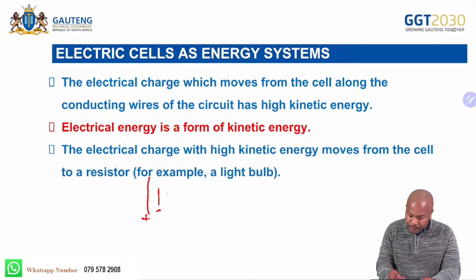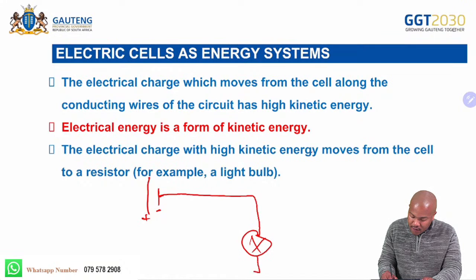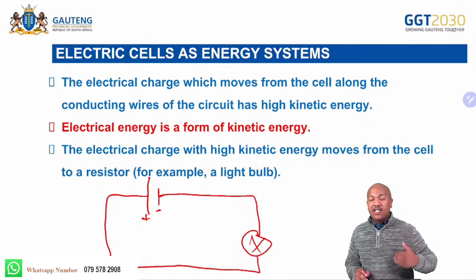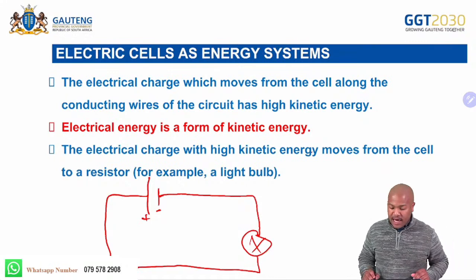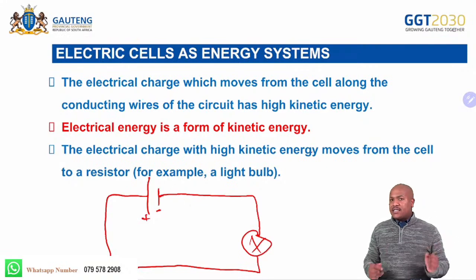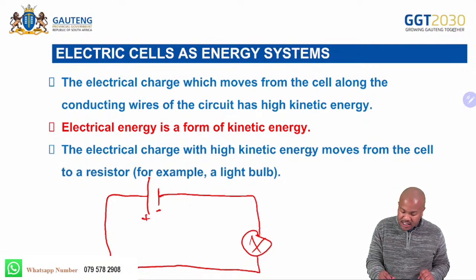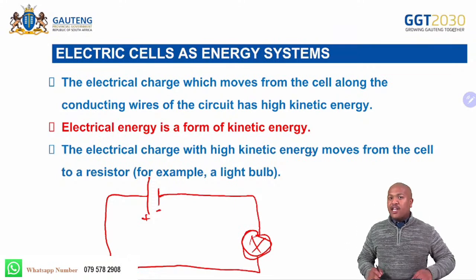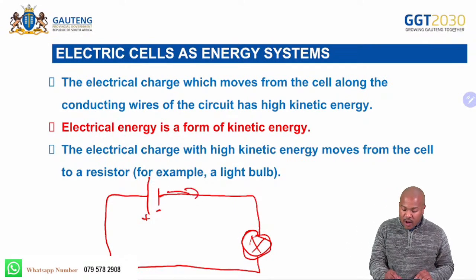When the energy is released from the cell, it moves along the conductors to a resistor. Also, conductors are resistors, but we'll use a light bulb, for example. It moves so that it is where it is used.